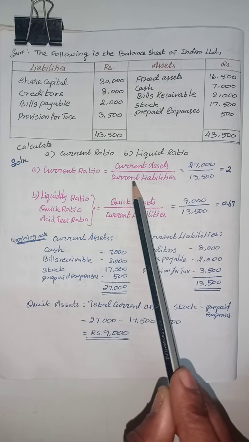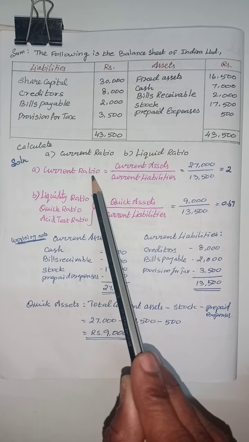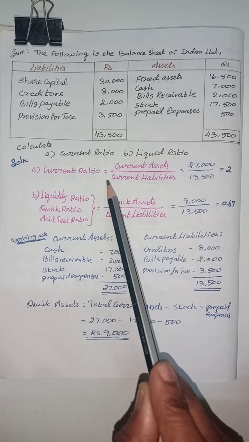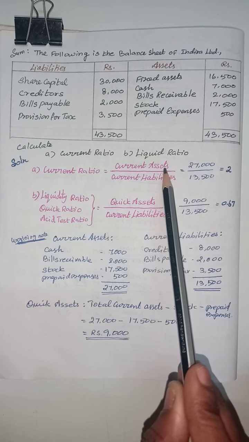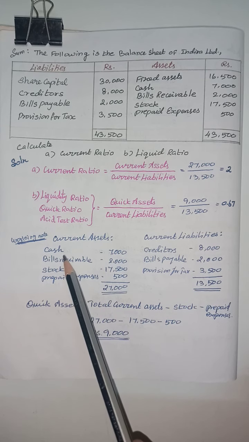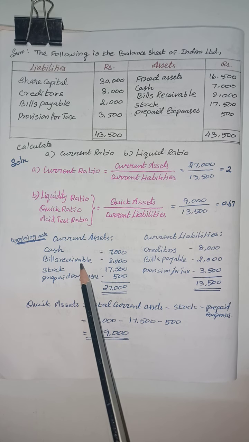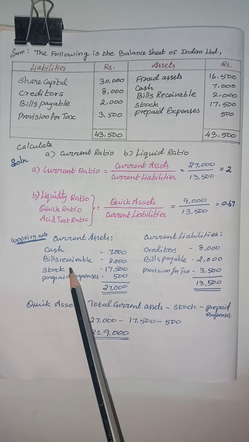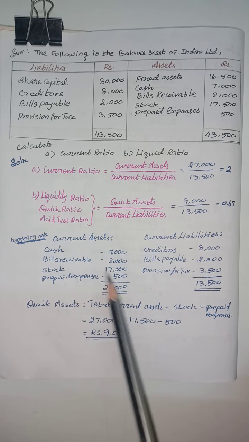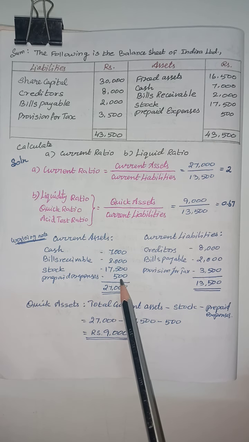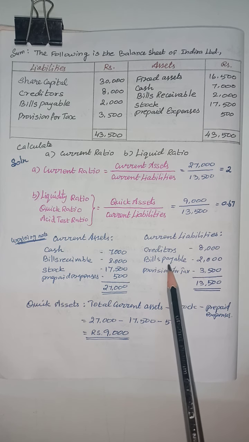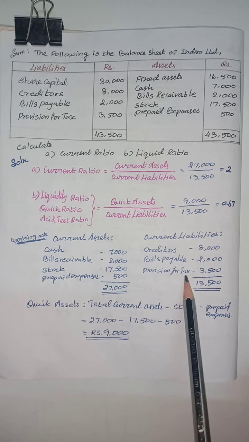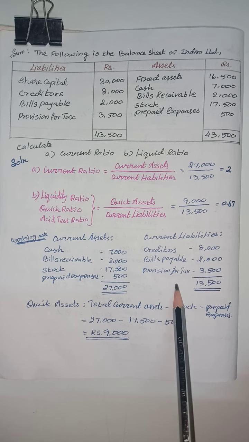Current assets are cash, bills receivable, stock and prepaid expenses. Current liabilities are creditors, bills payable, and provision for tax.